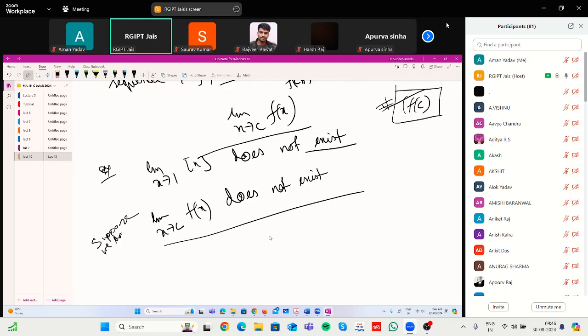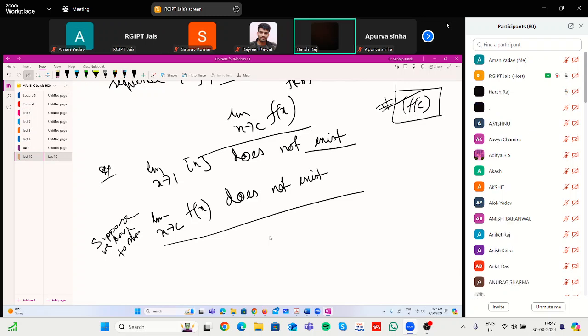we have to show. Suppose we have to show that the limit does not exist. That means what do you have to show? I just wrote it above. Two different values in the neighborhood of x. So you have to consider two different sequences, right?